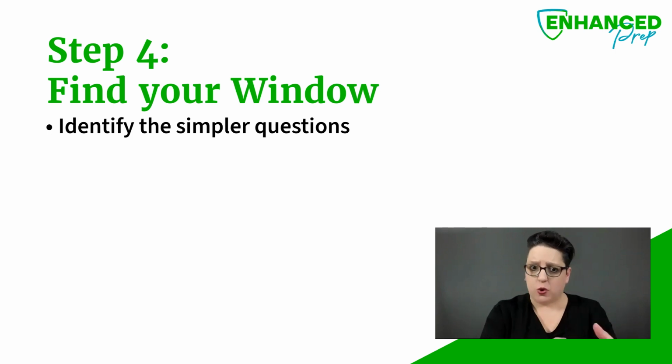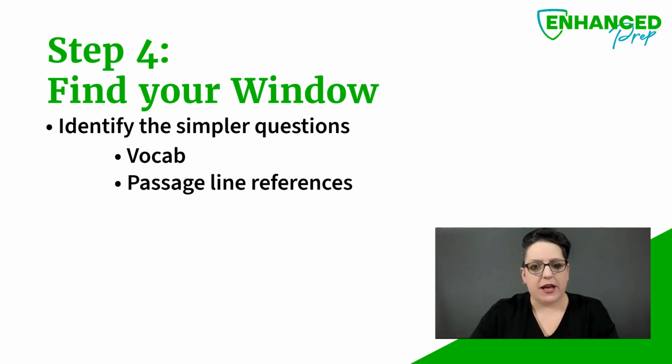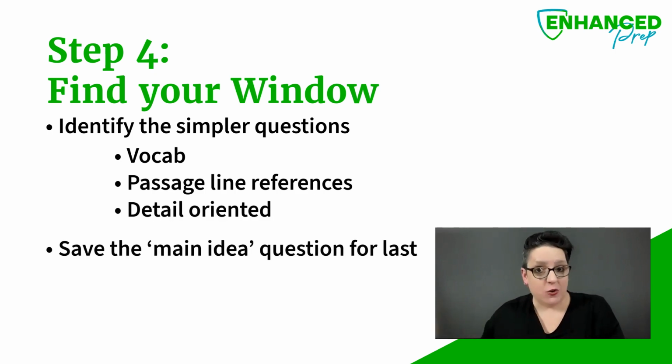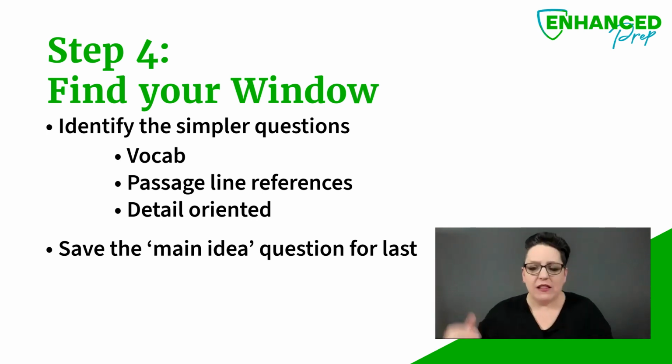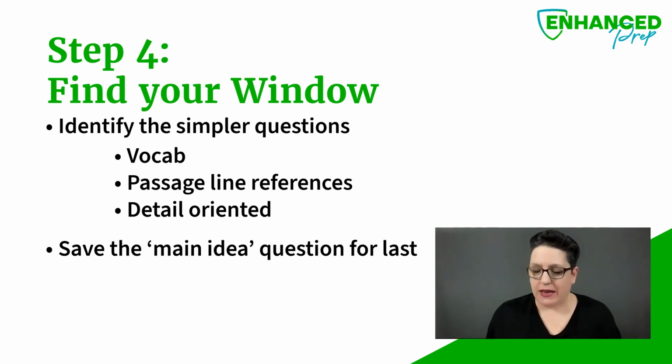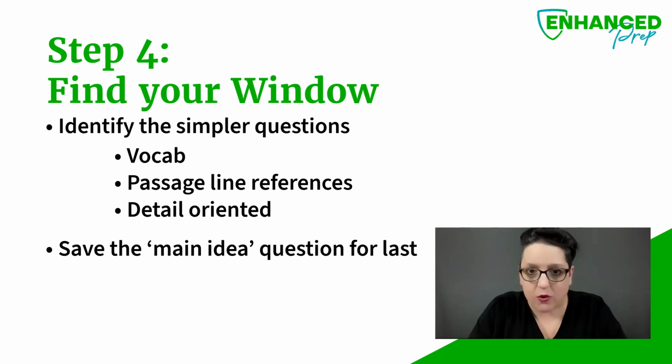So you want to start with shorter questions that talk about vocabulary. You want to move on to questions that have a line reference that comes into play. Your main idea question, which is almost always the first question they give you, needs to be the very last one that you do, because you're going to have a more solid understanding of the main idea of the passage after you have worked through a whole bunch of detailed questions that relate to that passage.